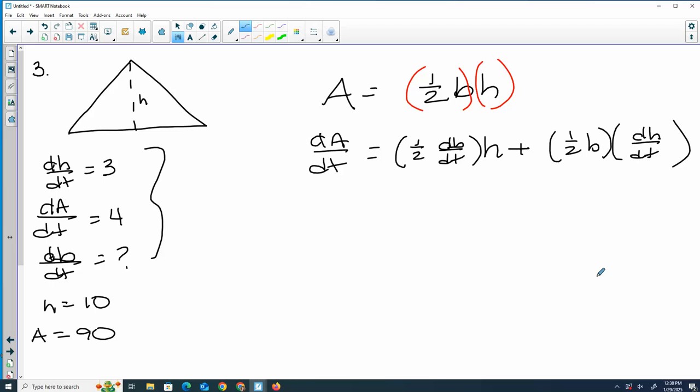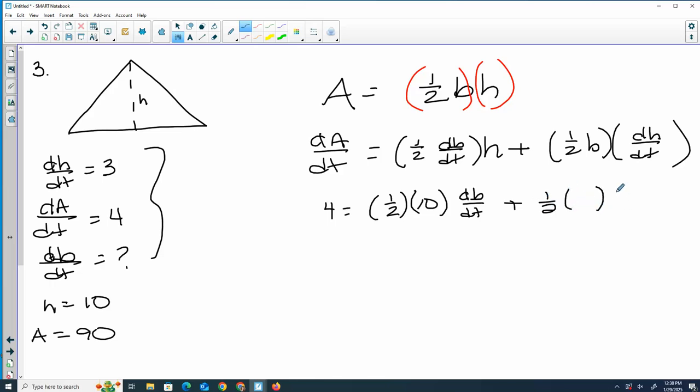So if we plug in, dA/dt was 4 equals 1/2 times h, which was 10, times dB/dt, plus 1/2 b. Do I know my b?